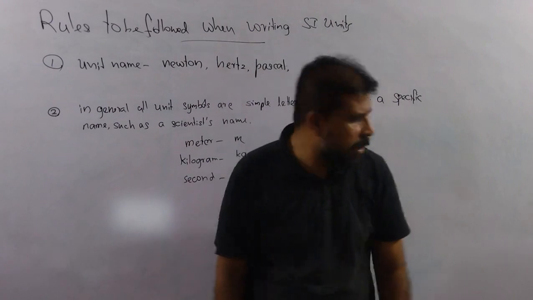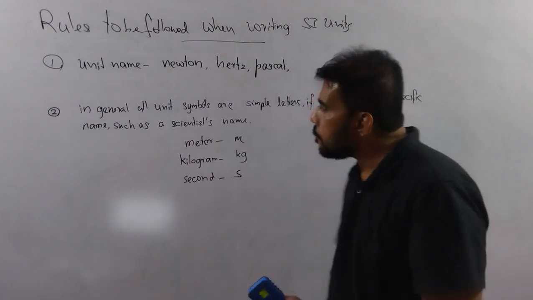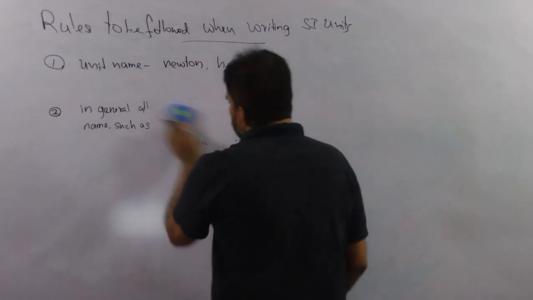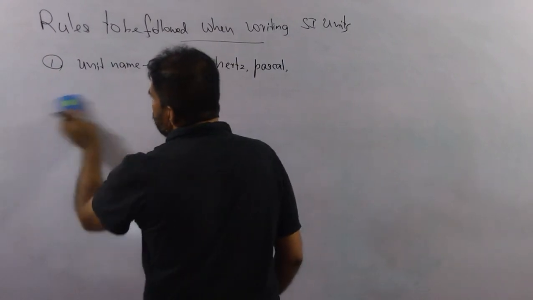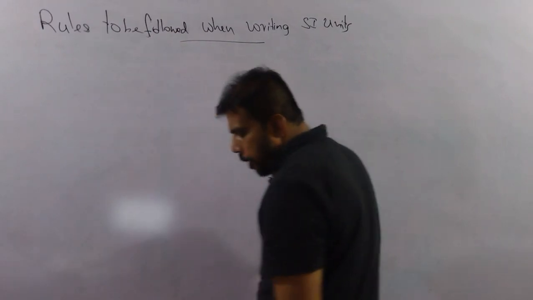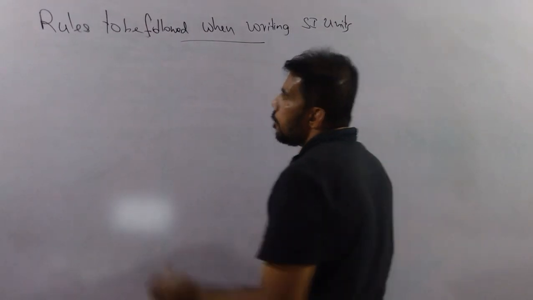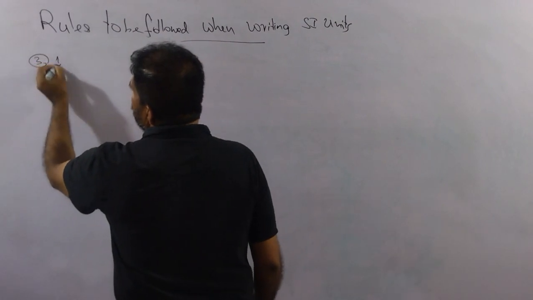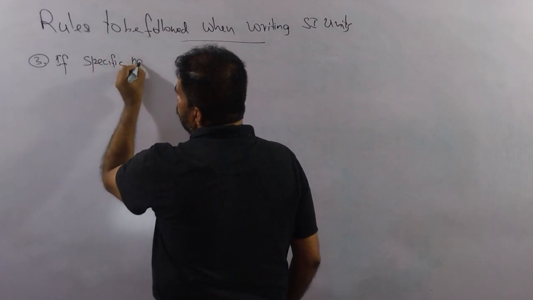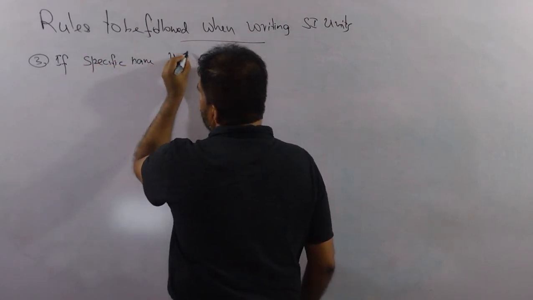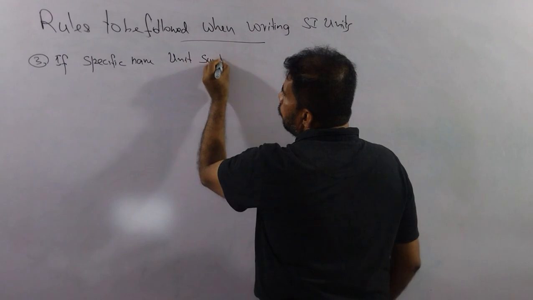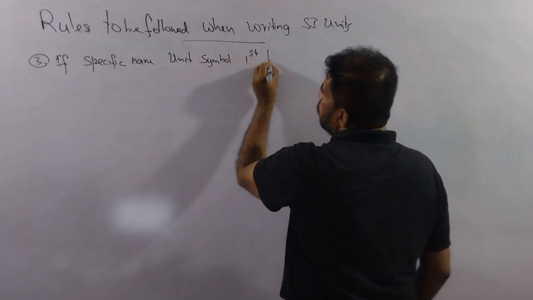Right. The third one: if the unit name is a specific one, then the unit symbol is always capital, but only the first letter. If specific name, unit symbol, first letter capital.